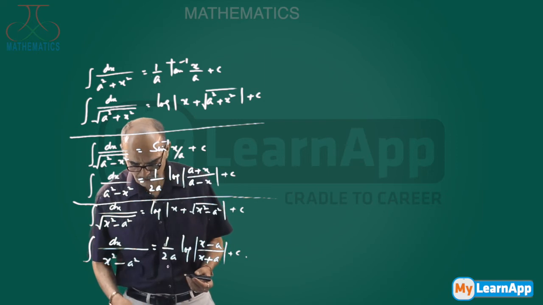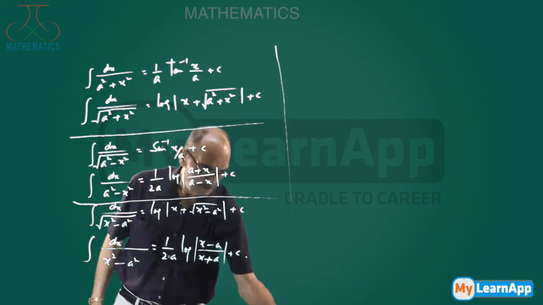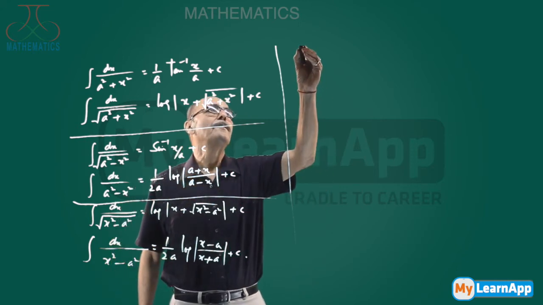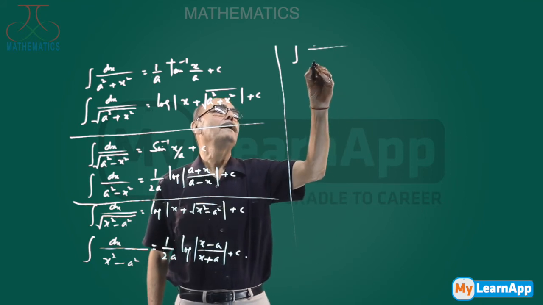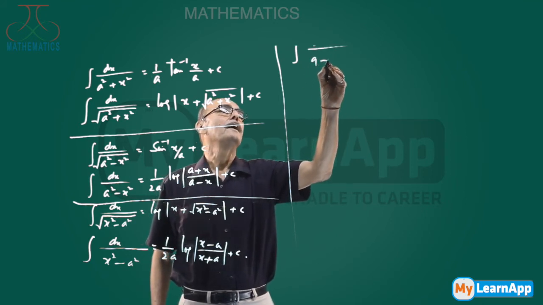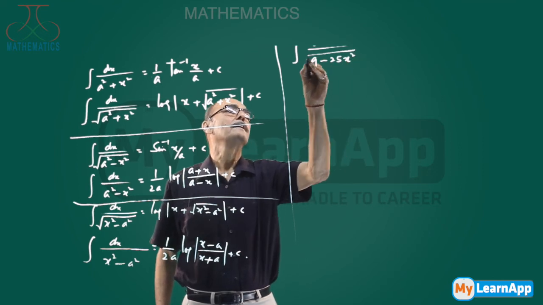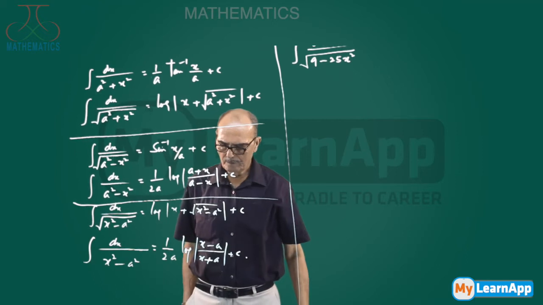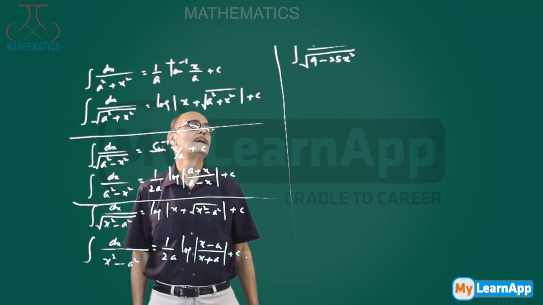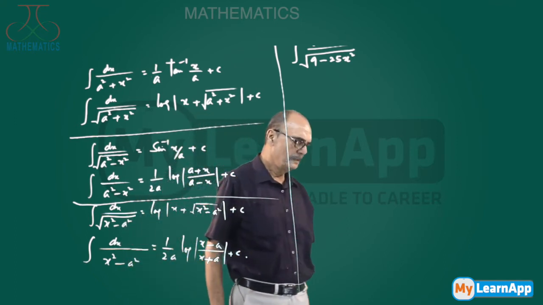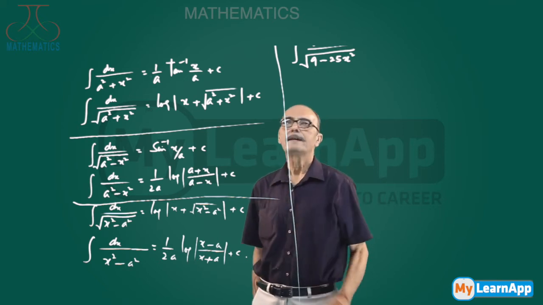So for instance, we have integral of dx upon under root 9 minus 25 x square. Well, in this case, we have to see which formula we can apply here.